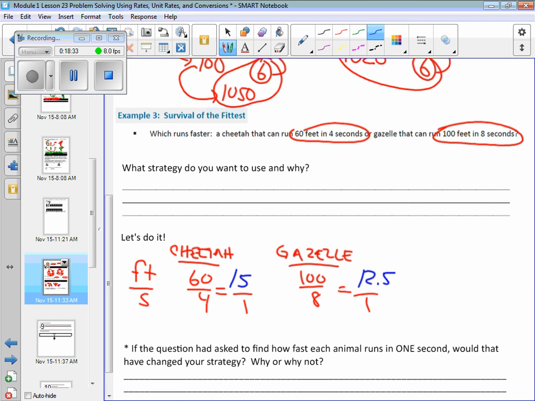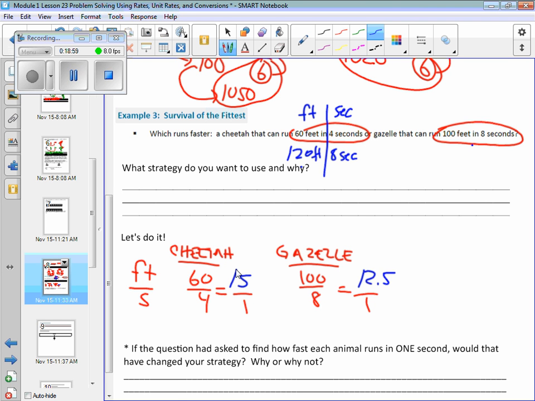As Leah pointed out, she saw, wait a minute, we have 60 feet in 4 seconds, 100 feet in 8 seconds. All I really need to do is make an equivalent ratio, like an equivalent ratio table. 8 seconds is going to give me 120 feet. Now I can compare. What's faster in 8 seconds, 120 or 100?